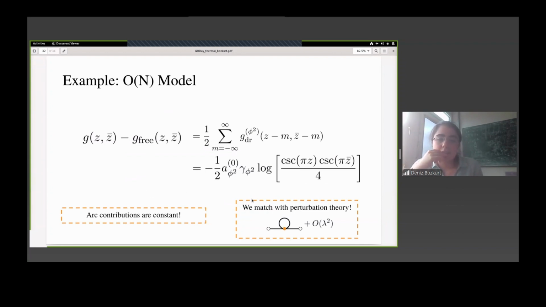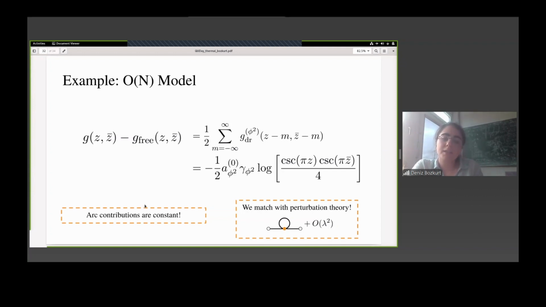Here I also briefly show you how the correlator looks when we actually perform the infinite sum. Apart from the free 2-point function contribution, the rest of the correlator looks like this. We can check it by computing the epsilon order Feynman diagrams from the perturbative side.